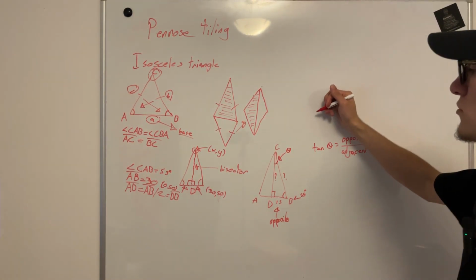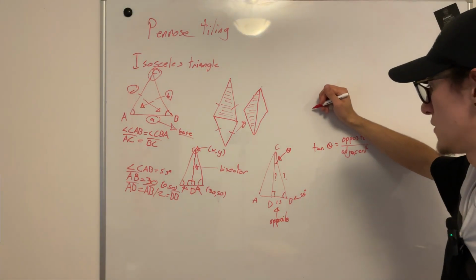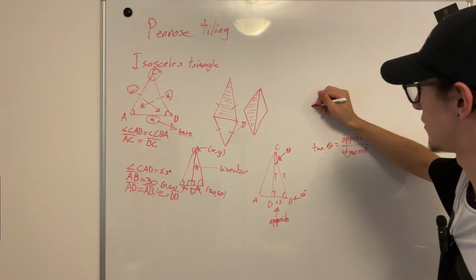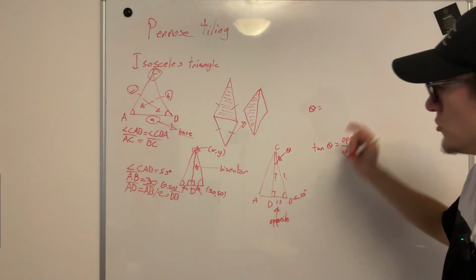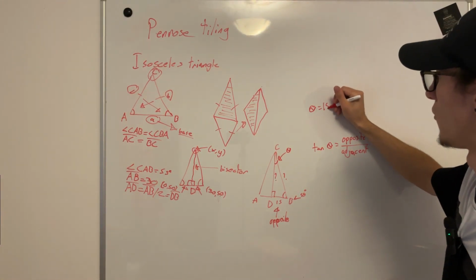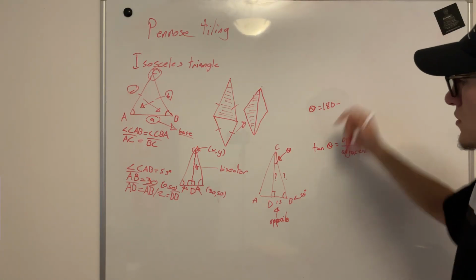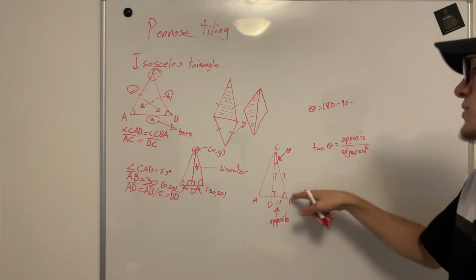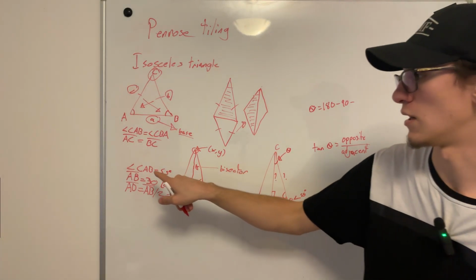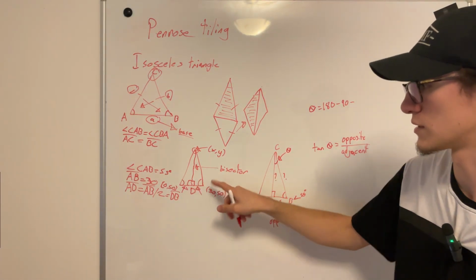So what we can do is simply get the angle that we're missing. We already know the other two. By doing 180 minus, this one is 90 degrees, so we'll do 90 minus the other one that we know, which we said is 55.